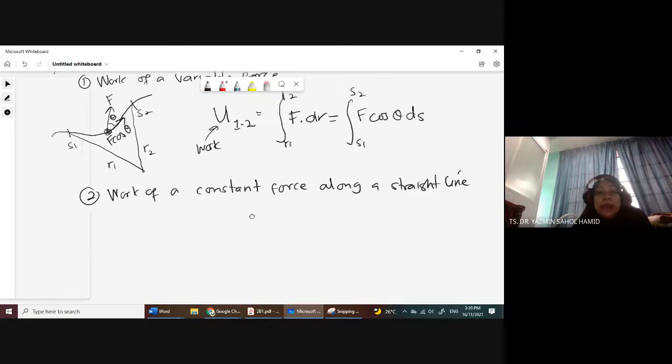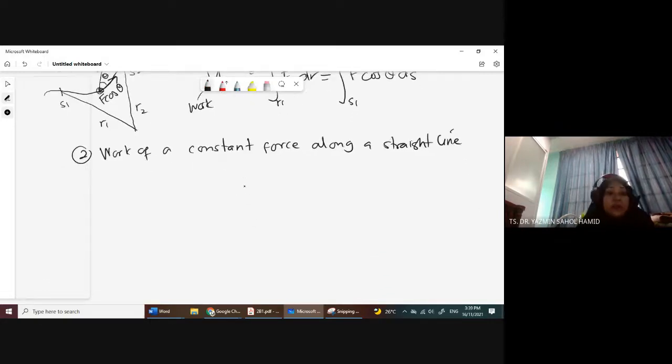The example diagram for work of a constant force is very simple: a straight line. Let's say you have a particle here with the force F, moving in a straight line from S1 to S2. This is your angle theta.